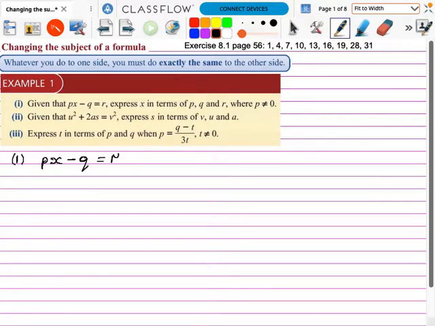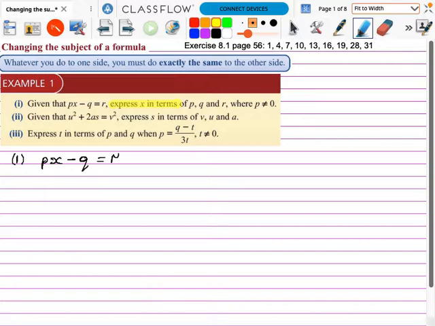So all I've done is copied out the question, px minus q is equal to r. This is a lesson in reading. You have to read the question. And when you read the question, what you will see is that they've asked you for something very specific. They've asked you to express x in terms of everything else.